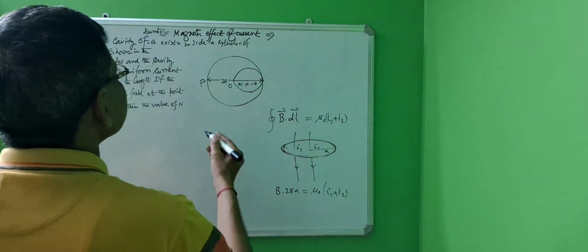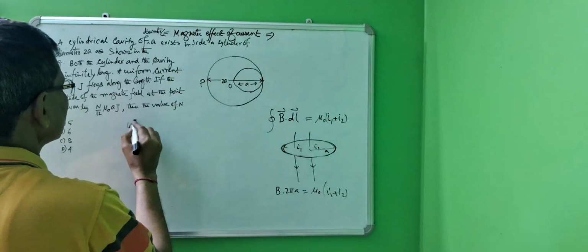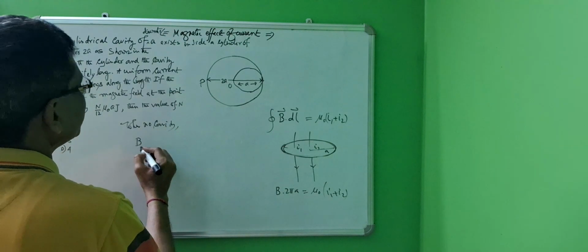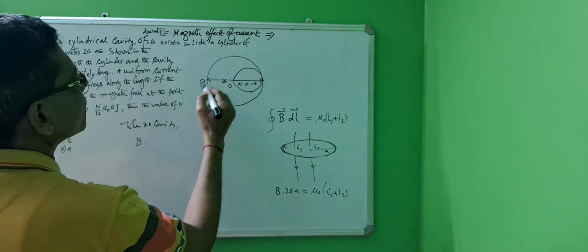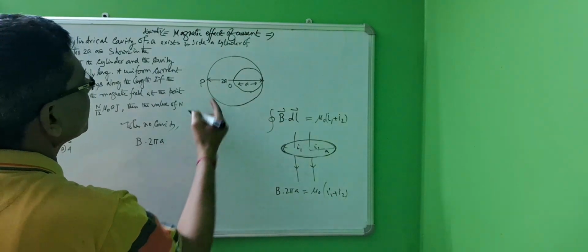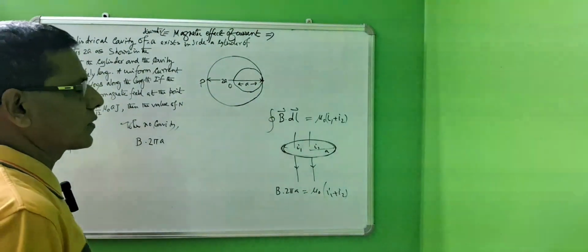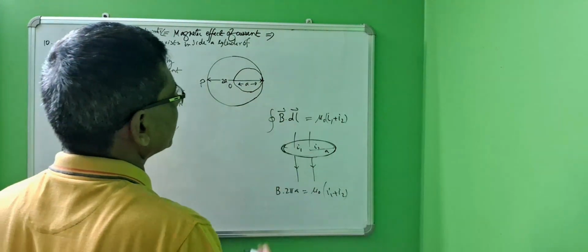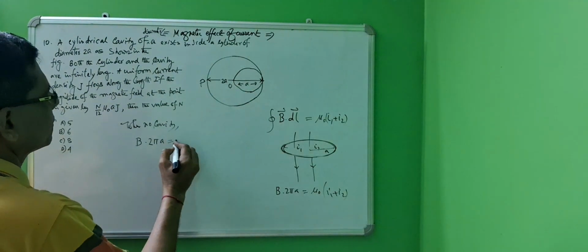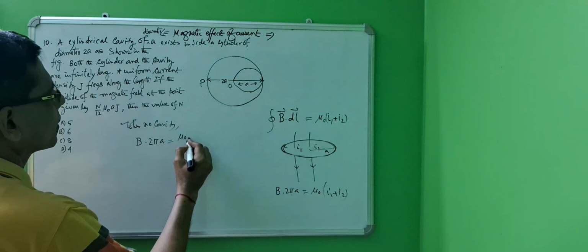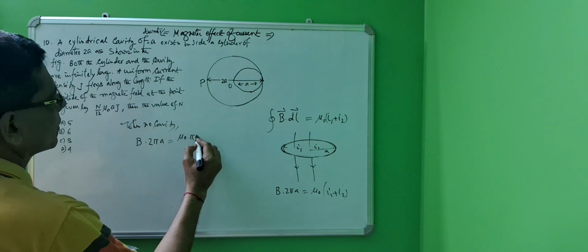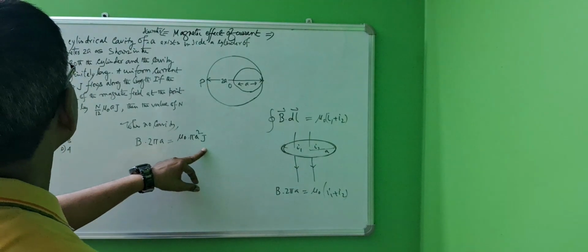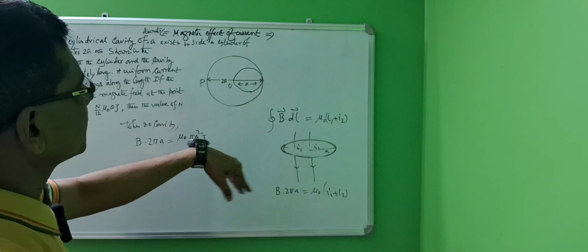So applying this, for P when there is no cavity, B at P is obtained as B dot twice pi A. This is a circle of length twice pi A. If B is constant, then the line integral of dl equals twice pi A, which equals mu 0 times pi A squared times J. J is the current density, so pi A squared is the area.